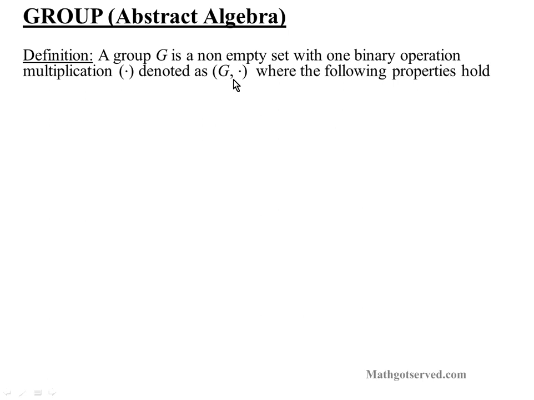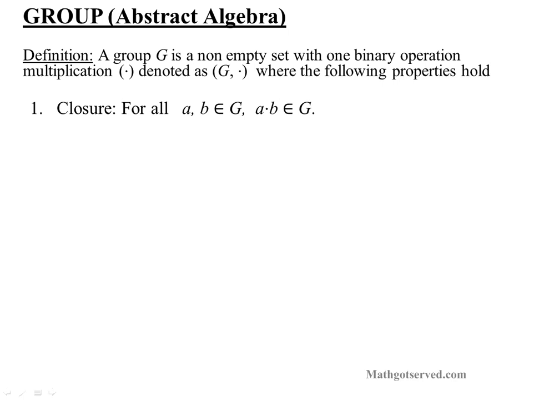In order for this to be a group, there are four properties or axioms that must hold true. Okay, let's take a look at them one by one. The first one is closure. So what does closure mean?